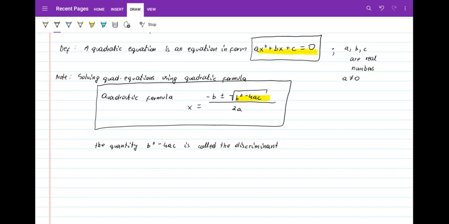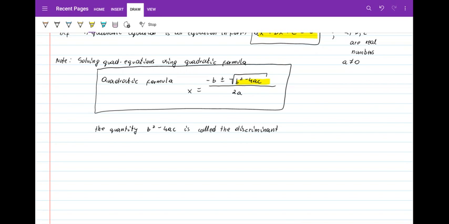And the discriminant can give you very useful information, which can tell you how many solutions your quadratic equation will have. So b squared minus 4ac, this is the discriminant.